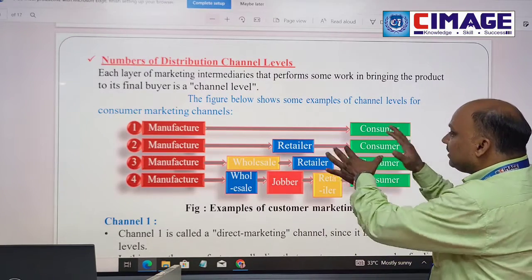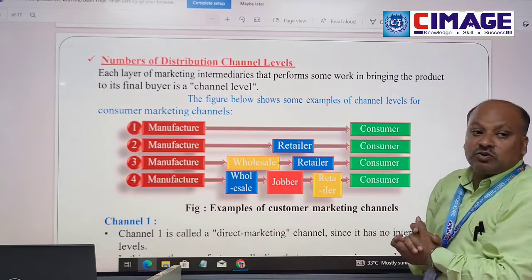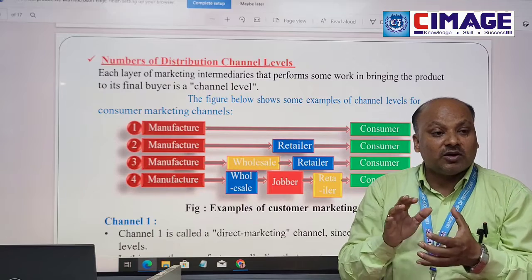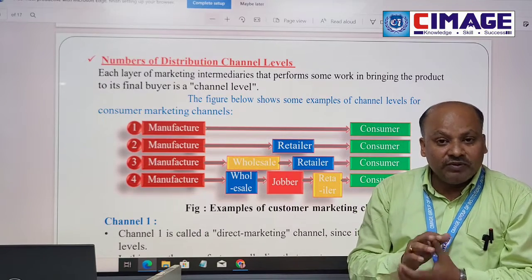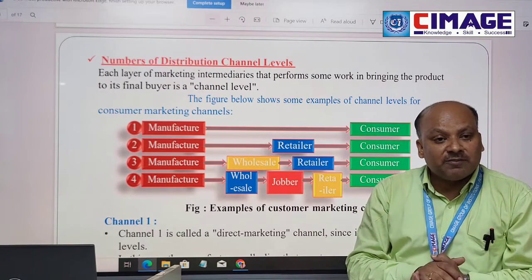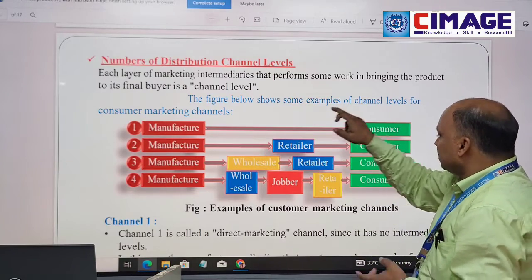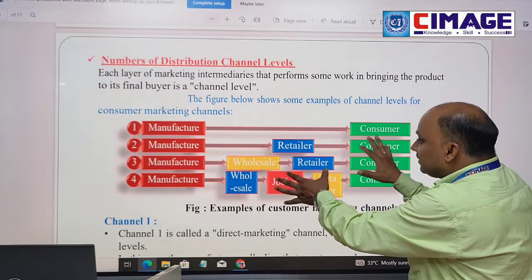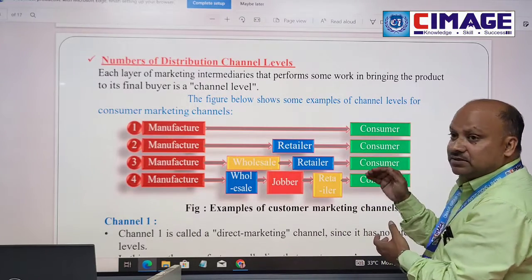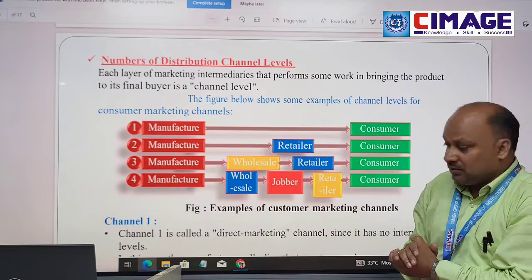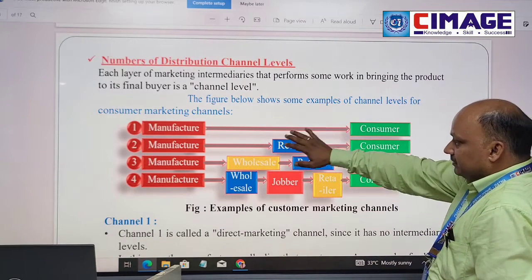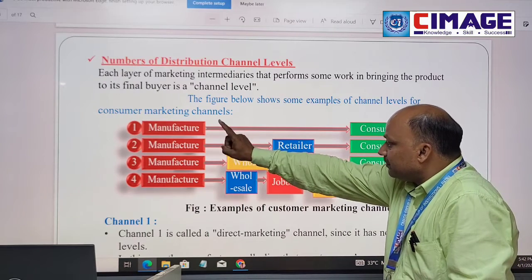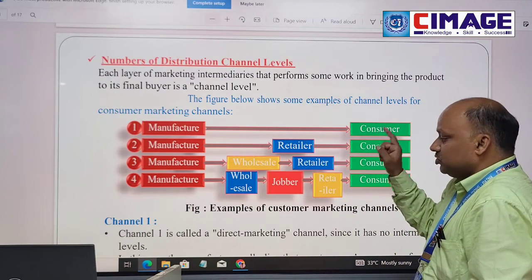These are the various kinds of channels which could be adopted by the manufacturer, organization or company, through which their product could reach the consumers. These are the modes of channels through which distribution is possible. Now, in channel one, we can easily see that the manufacturer reaches the consumer directly.